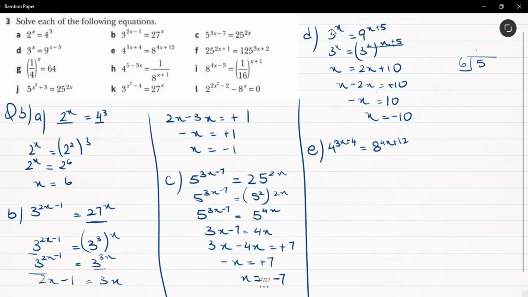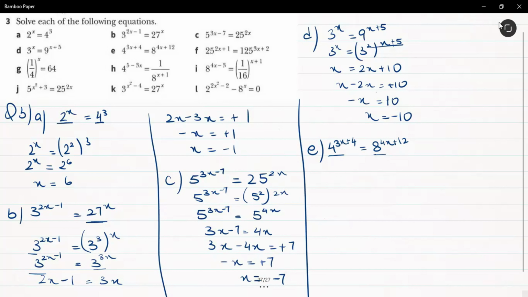We have to make these index values the same. And how can we do that? We can do that by making a common base, which is 2, because we know 2 squared is equal to 4 and 2 cubed is equal to 8. So we have to make it into the simplest form possible, which will make our life easier.